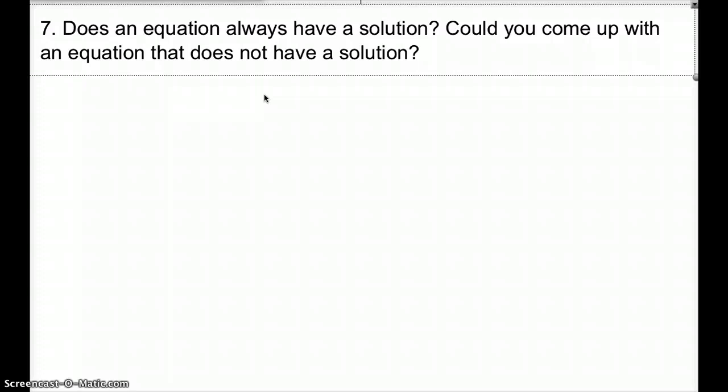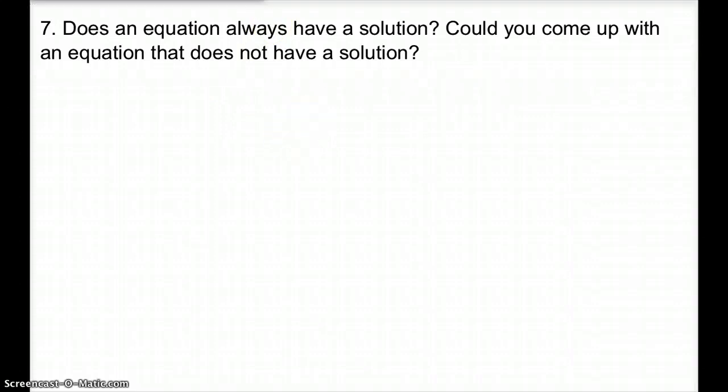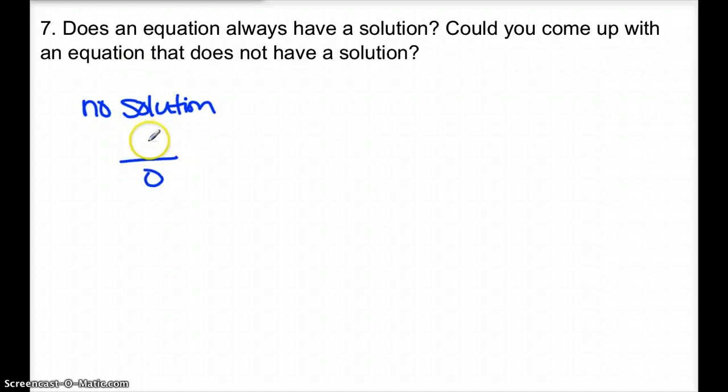But for something to have no solution, we could look at it 2 different ways. Anything that doesn't have a solution is if you have a fraction and the denominator is 0. And the numerator could be anything, but if the denominator equals 0, it's going to be no solution.